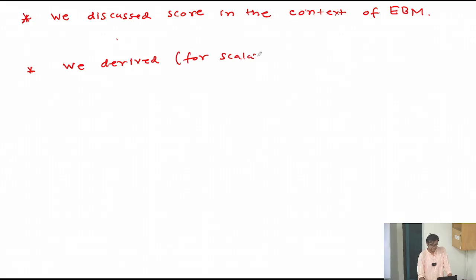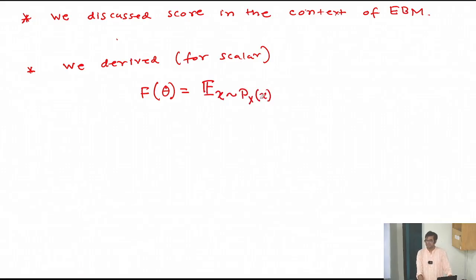For scalar, we derived that my J of theta, which is my Fisher divergence, is equal to the expectation, x drawn from p_x of x, which is the PDF of the data, the thing that I want to learn.